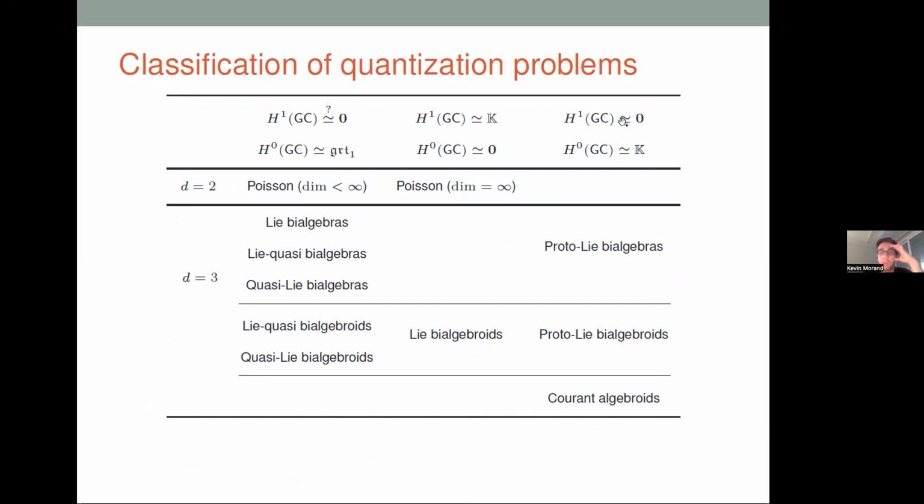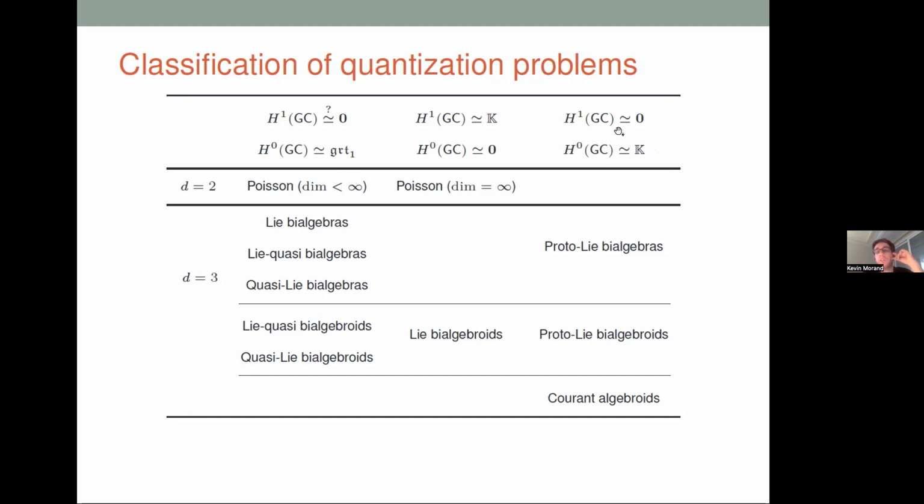This cohomology is known, and there is just a one-dimensional space of quantization. But in this sense, this class is a bit less interesting in the sense that there is no interesting cohomology. There is no appearance of GRT1, and also there is no complicated exotic L-infinity structure that we can obtain from this particular obstruction.